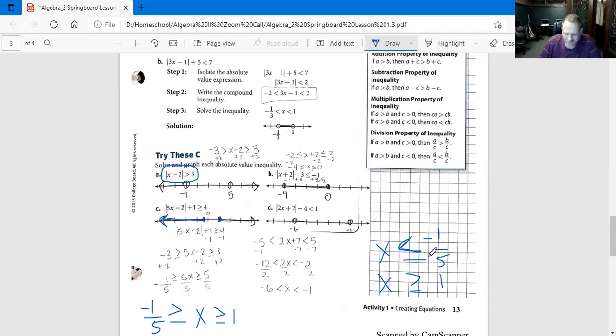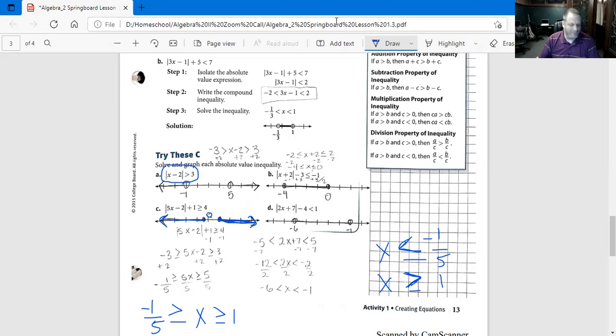Okay. And then x on the greater, right, is greater or equal to. So let's go to the greater side of the 0. Here's your 0. Let's go to the greater side, and that's on the 1. And look at the way the arrow's pointing here. We're going to do the same thing, point our arrow there and shade all of that in all the way up to our arrow.